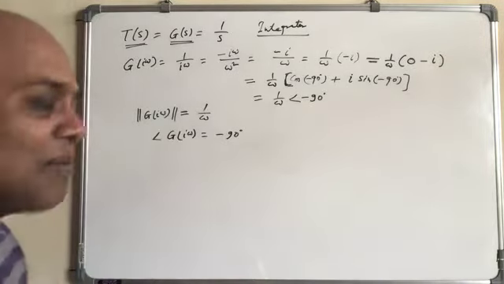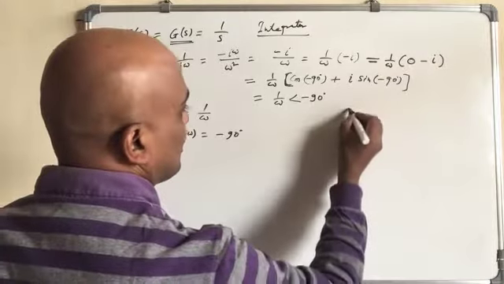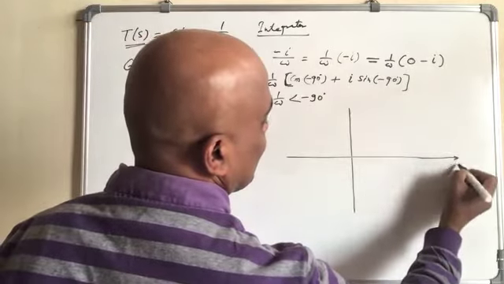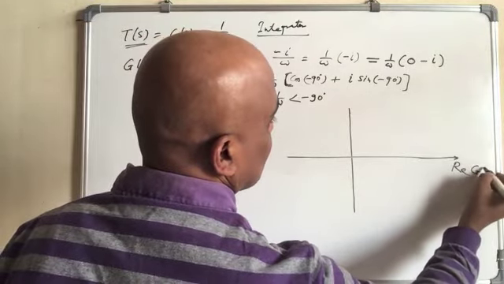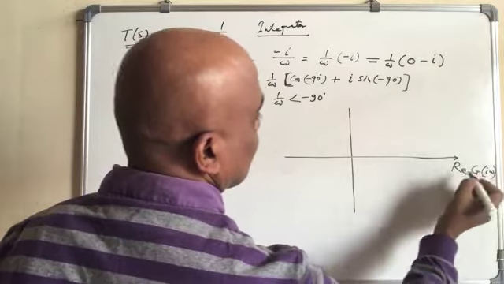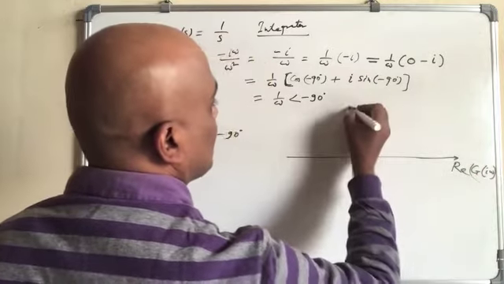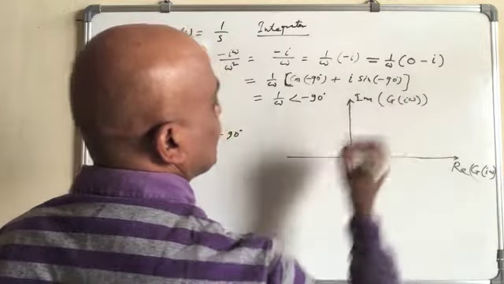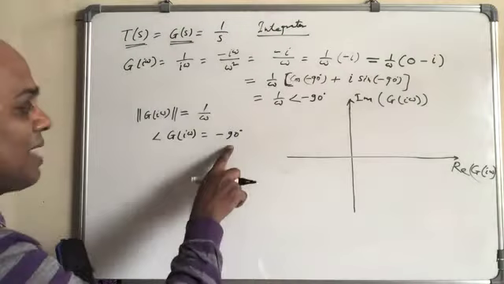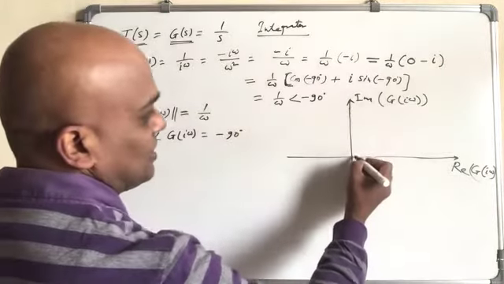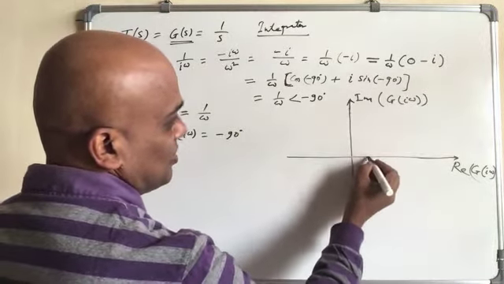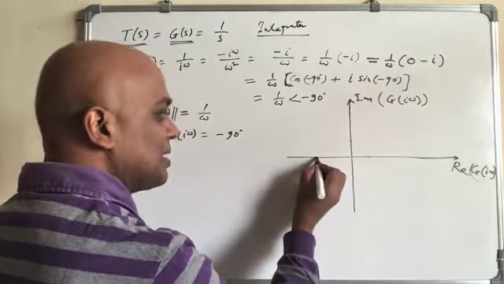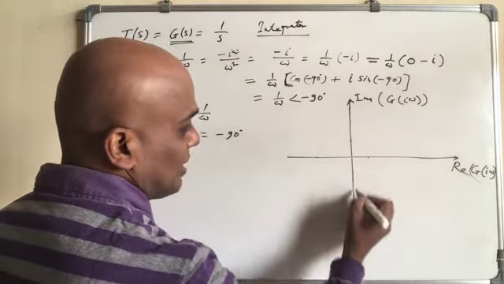Now the only thing we have is to plot it, and how do we plot? We will have the real part of G(iω) on one axis and the imaginary part of G(iω) on the other, with phi 0 degrees, 90 degrees, 180 degrees or minus 180 degrees.